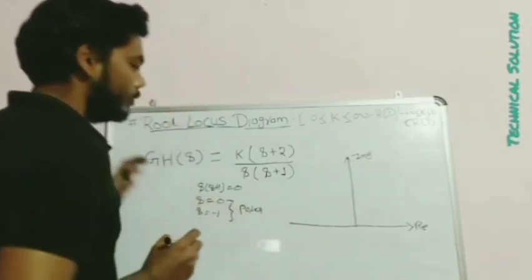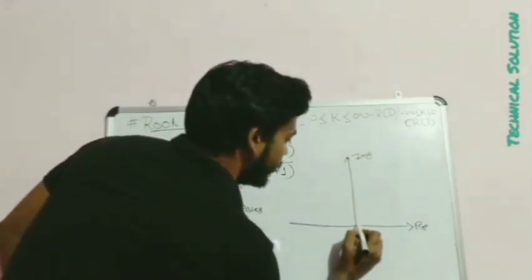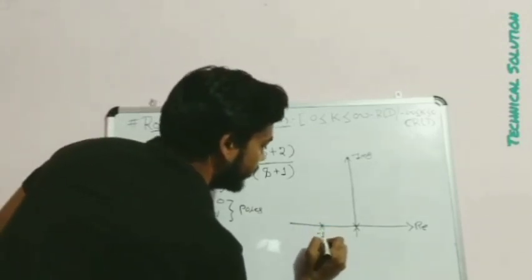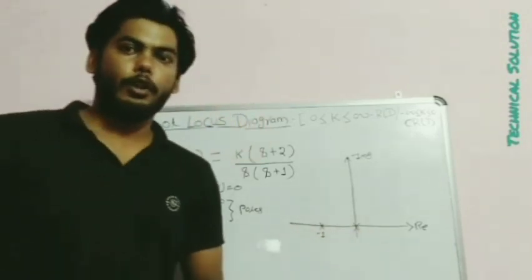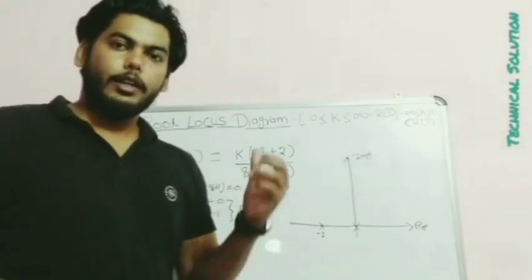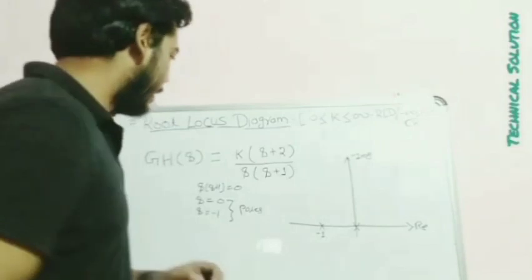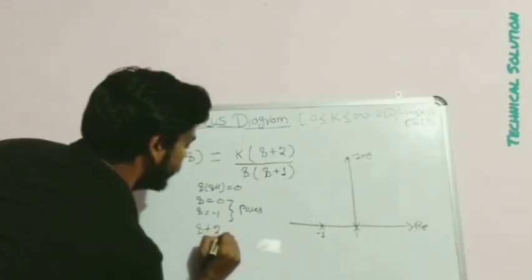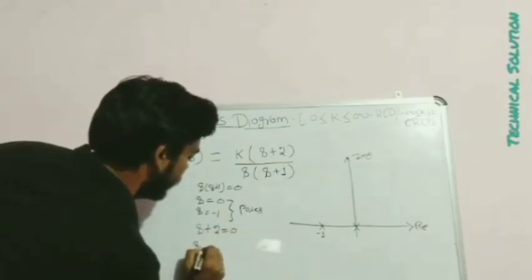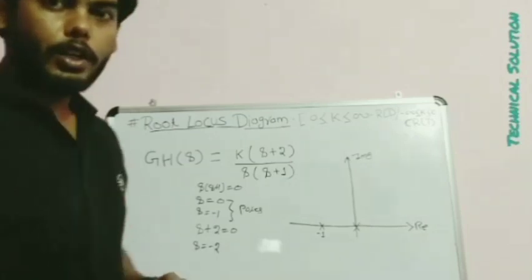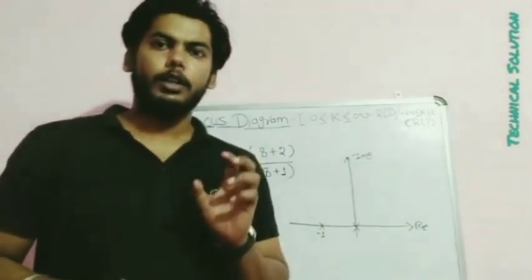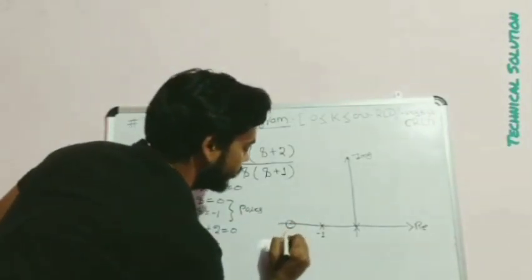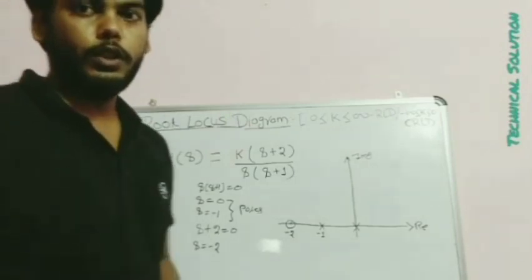So we put poles at s equal to 0 and s equal to minus 1 on the real axis. And if we find the zero, s is equal to minus 2. At the position of minus 2 we get the one zero. Here we draw the zero at minus 2.